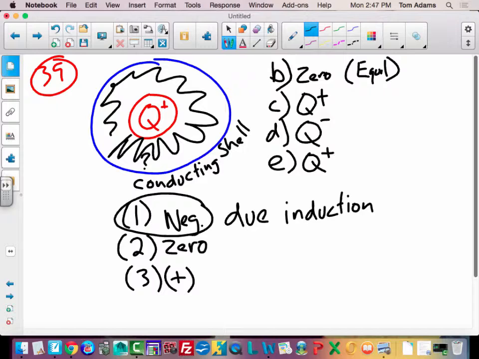And if that exists that way, then part D is easy to answer. The inner surface of the shell should be negative Q by induction and the conservation of charge. So it's just being moved from one place to another. And then it asks lastly, what about the outer surface of the shell? Well, that should be a positive Q, because there's negative.